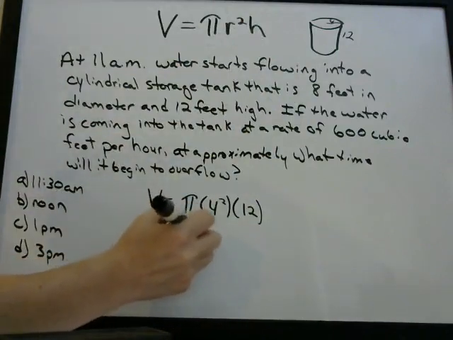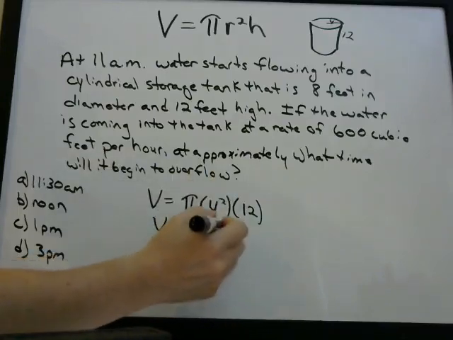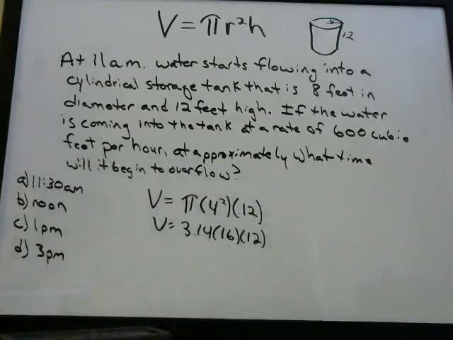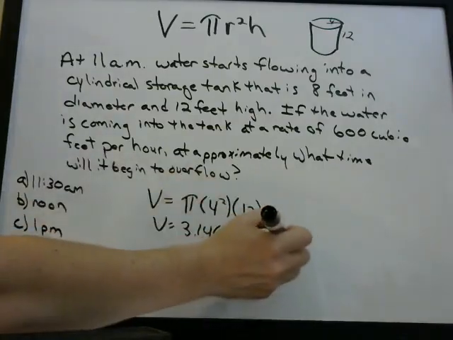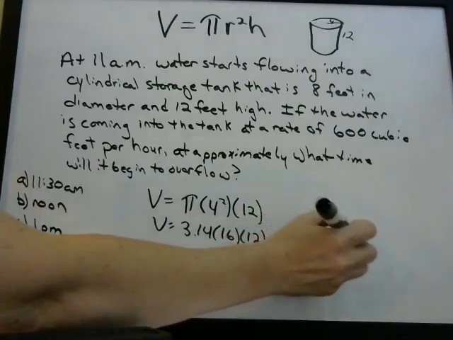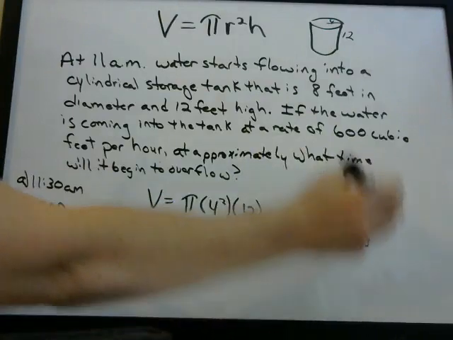That is 3.14. What's 4 squared? 4 times 4, 16, times 12. So if you put that in your calculator, 3.14 times 16 times 12, you're going to get 602.88, and remember the units are cubic feet.